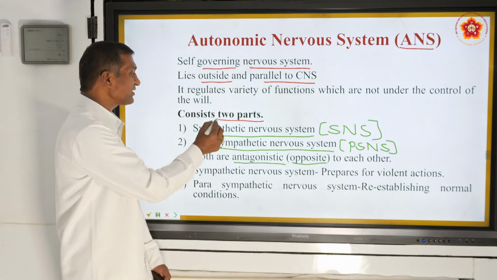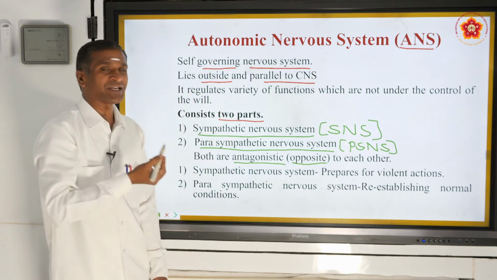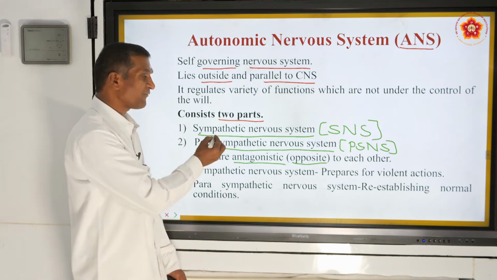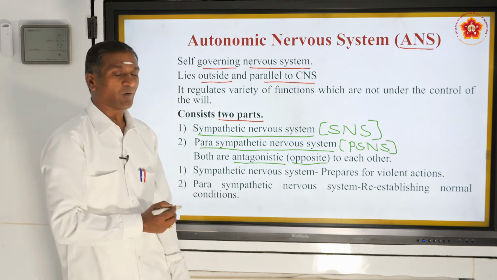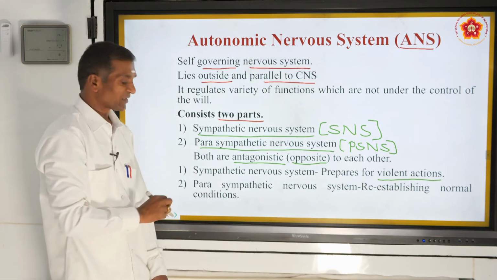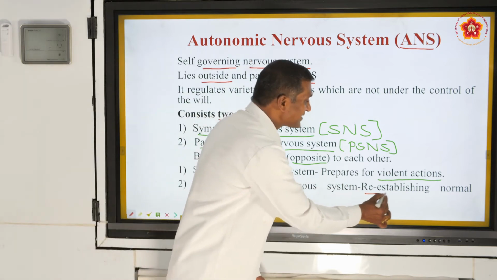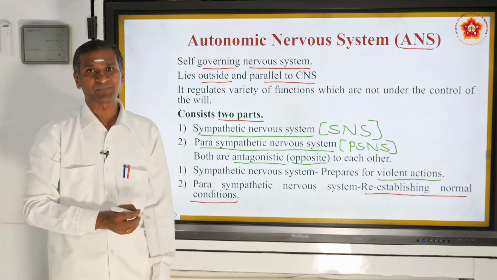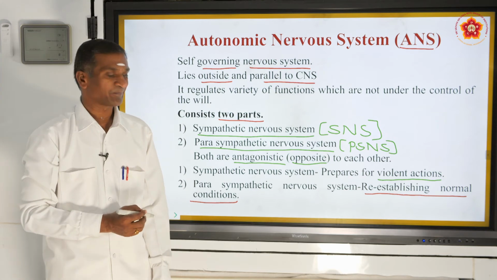Even though both are found in the ANS, these both are opposite to each other in their functions. Sympathetic nervous system prepares for violent actions. The parasympathetic nervous system re-establishing the normal conditions in the body. It re-establishes the normal conditions in the body.